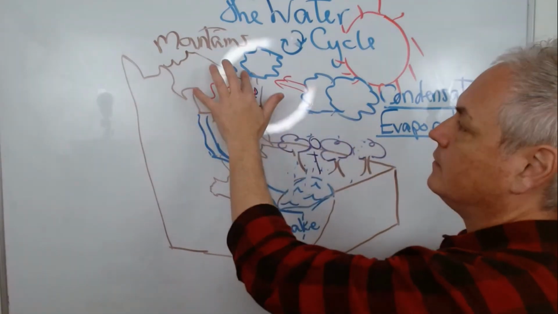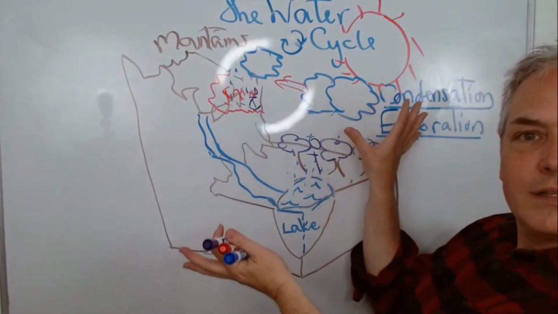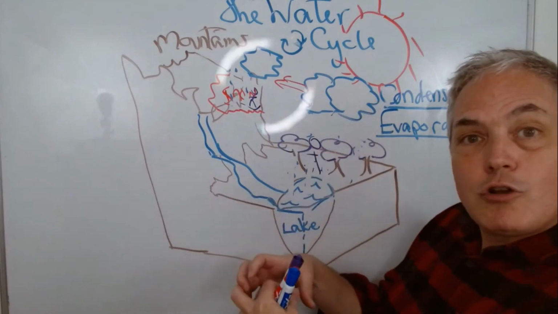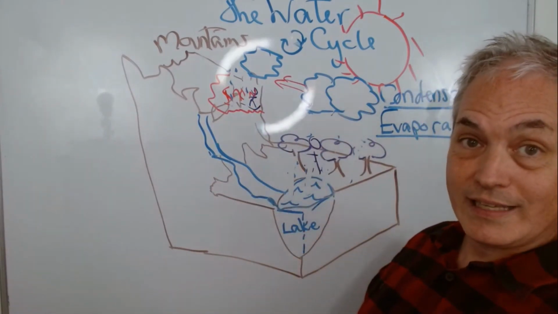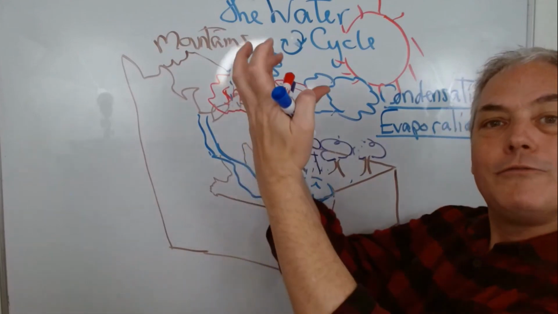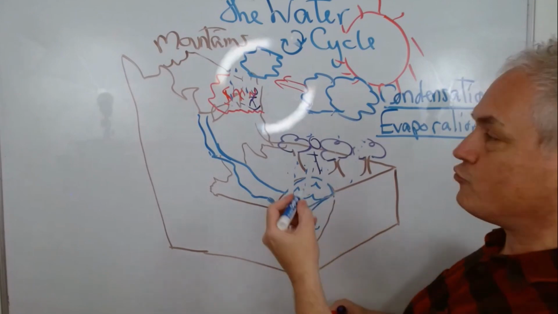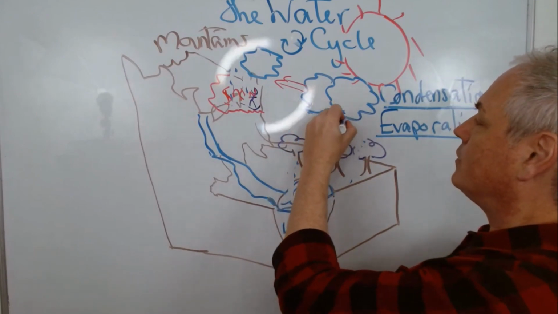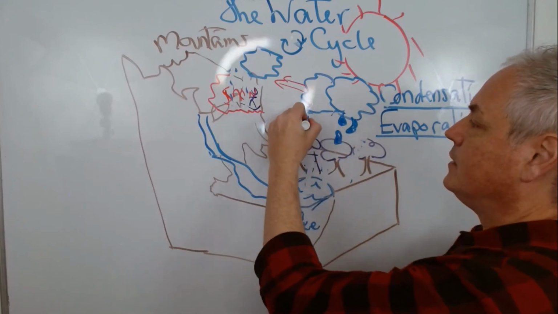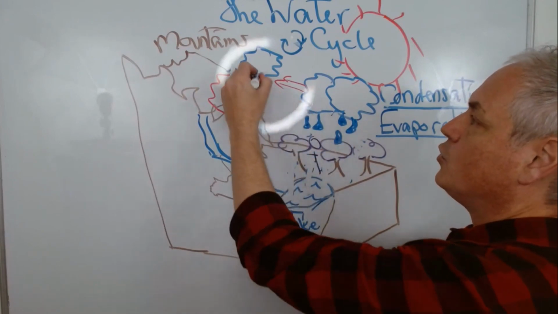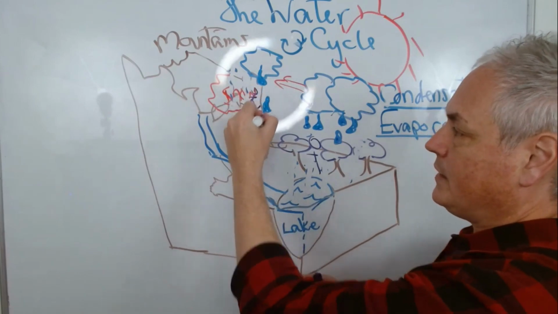Like this. Perfect. Once we have condensation in the clouds here and the droplets are getting bigger and bigger, then we have gravity that takes over. Gravity is the force that pulls us towards the center of the planet. So what will happen is those drops of water will start getting heavier and heavier, and then will come down this way.